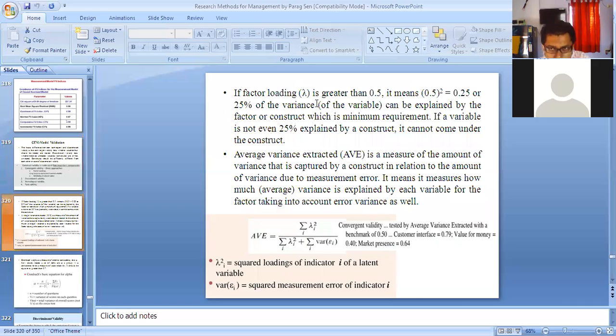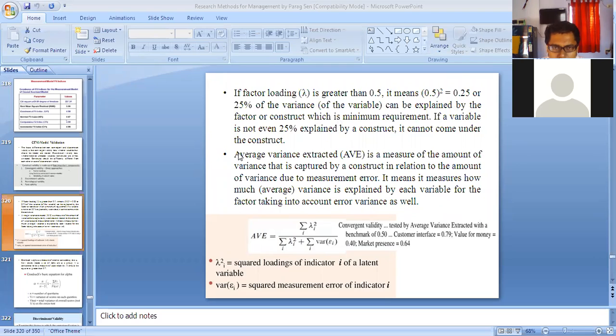If the factor loading lambda is greater than 0.5, it means 0.5 squared is equal to 0.25, or 25% of the variance of the variable can be explained by the factor or construct, which is the minimum requirement.